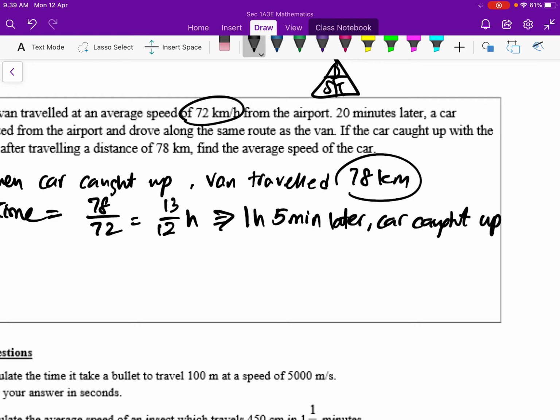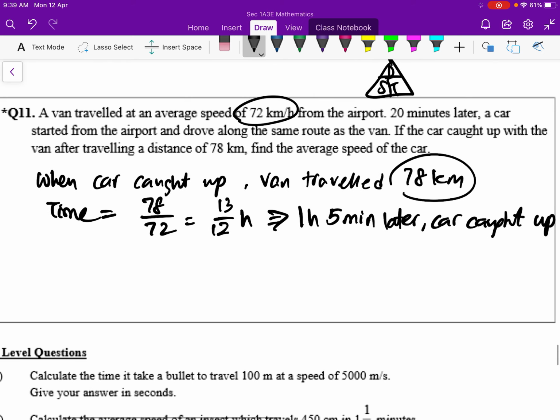And the car started 20 minutes after the van. This implies that the car traveled for 1 hour 5 minutes minus 20 minutes. So that will be 65 minus 20, 45 minutes. The car traveled for 45 minutes.